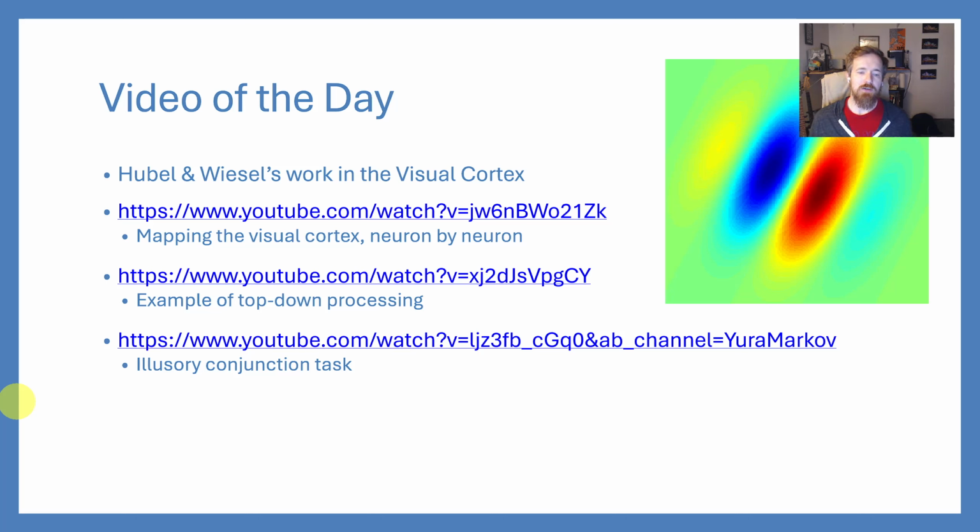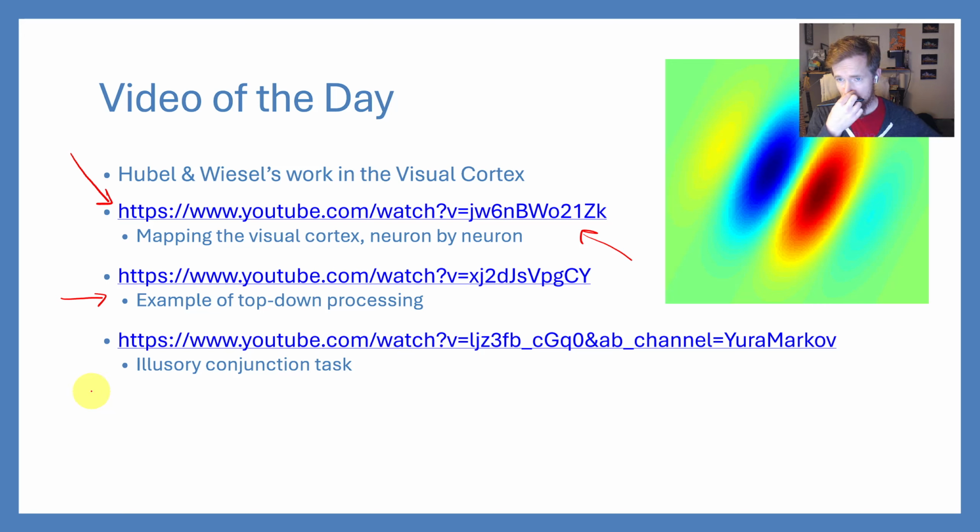I have a couple of videos for you in the lecture slides in case you are interested. The one that we are going to be watching together in this video is this one right here, and in just a few minutes we'll turn our attention to that. But there are a couple of other ones that I think might interest you. If you're looking for some examples of top-down processing, this video will give you an example of that.